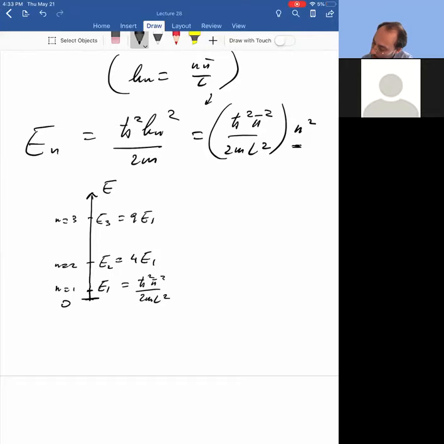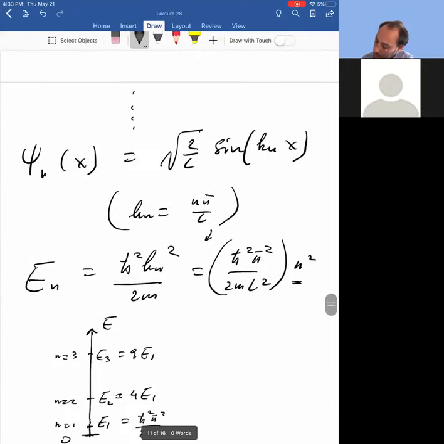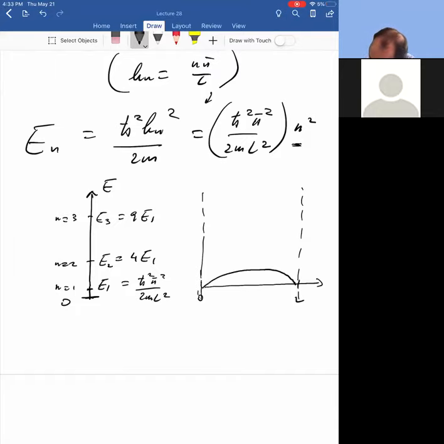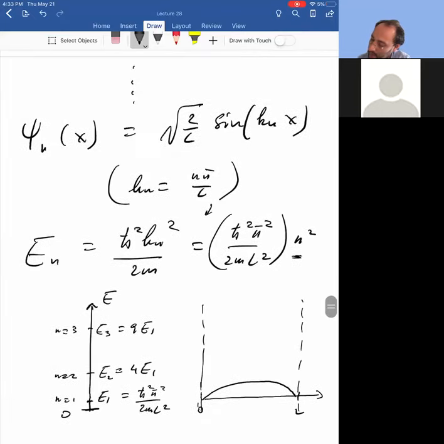How about the modes themselves? What does each mode look like? Okay, so I'm going to depict each one of these modes. So here's my x-axis. Here's 0, here's L. Here's the first mode. k sub 1 is pi over L, so when x equals L, I get sine of pi.